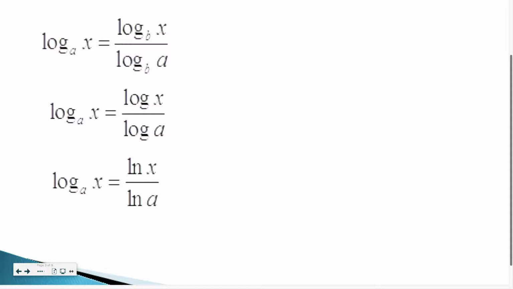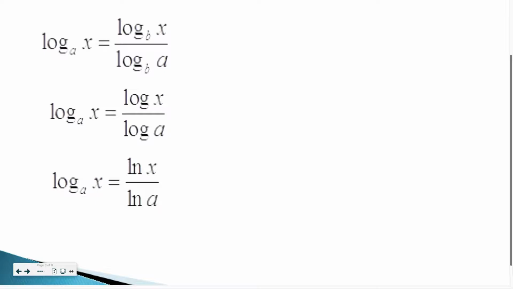Okay. We're going to go through two examples, but before we actually put them in our calculator, I want us to think about what our outcome should actually be. All right? We know that logarithms are describing exponents.